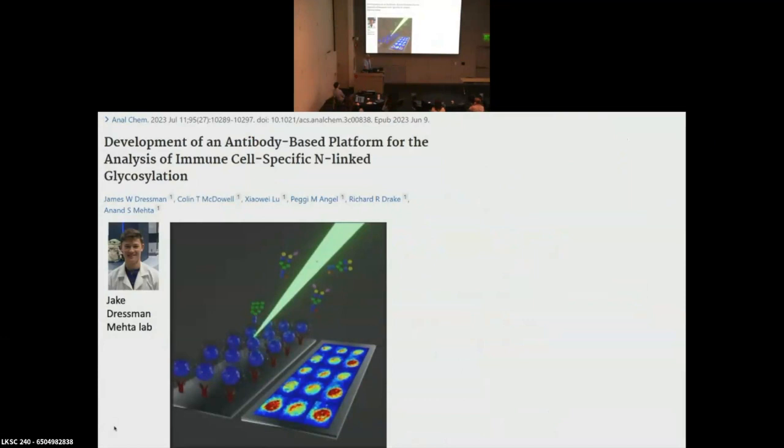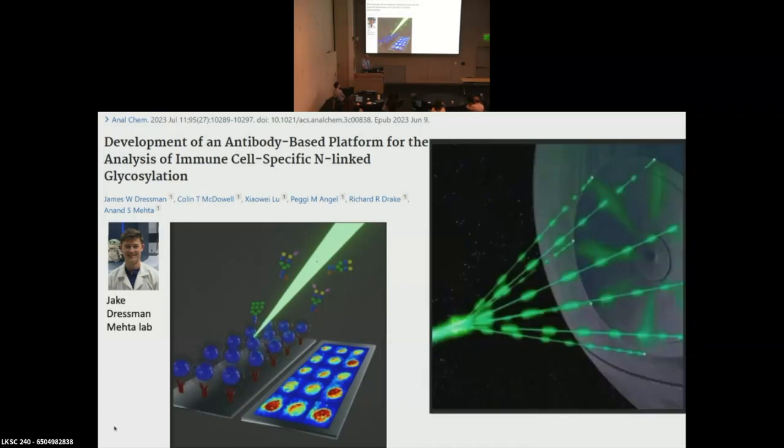The initial method paper is already published. It's from Jake Dressman, who's a student in Anand's lab. But again, the three of us all work together on different components. Interestingly, it was not the method, but the new laser source that we developed that the government's pretty interested in. So I don't know why.